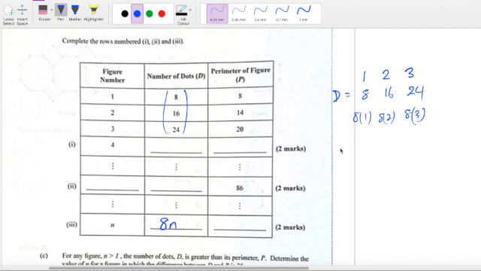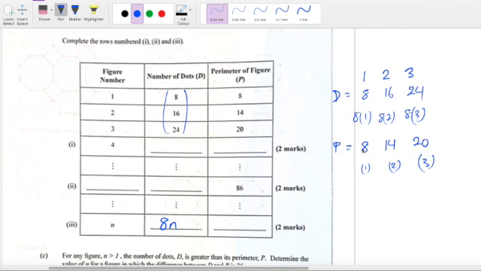And now let's find P, the perimeter of each figure. We have 8, 14, and 20. So this looks a little bit different. And of course we have n, 1, 2, and 3. We can see that we shouldn't have 8 because 8 times 2 is 16 and we wouldn't get 14.